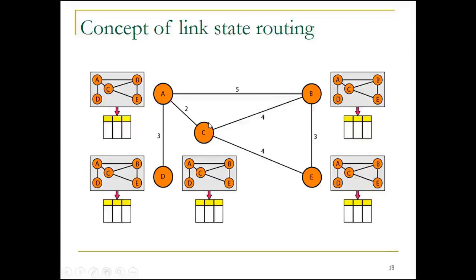But since routing is all about finding the most reliable and efficient, least cost or good path of moving packets from a source to destination, we have to look at the least cost metric that would help us move a packet from A to E. In this case, it will probably be A, C, E, because A to C carries 2, C to E carries 4, which is 6, as compared to A to B and B to E, which has got 8.